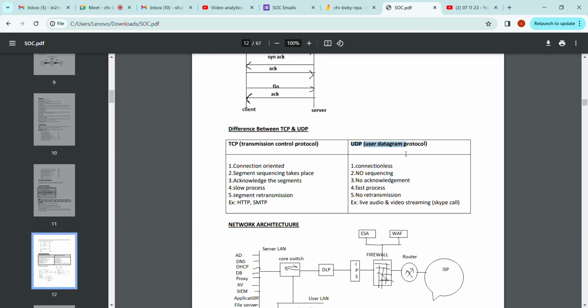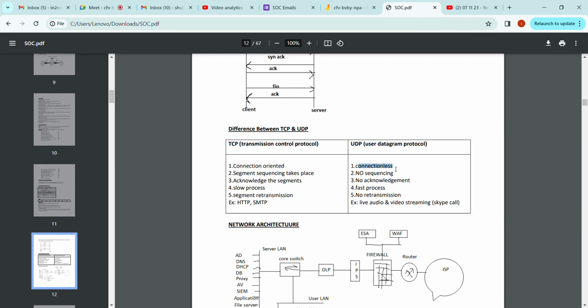And UDP, User Datagram Protocol, is connectionless. That means if the broadcaster is broadcasting something, whoever is connected receives that telecast and uses it. So it doesn't require any confined connections.